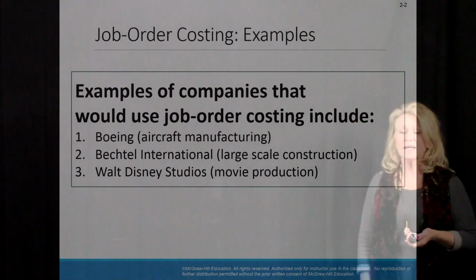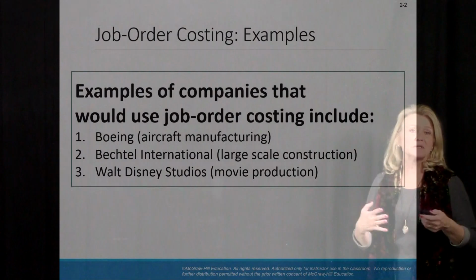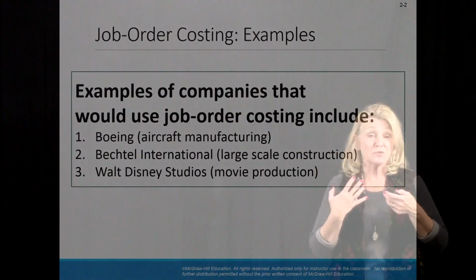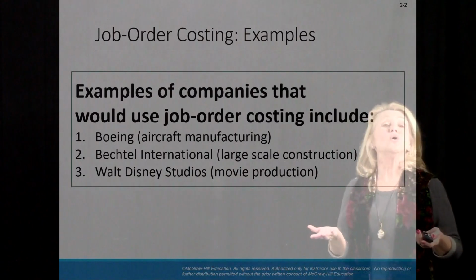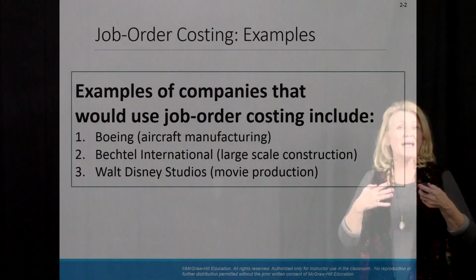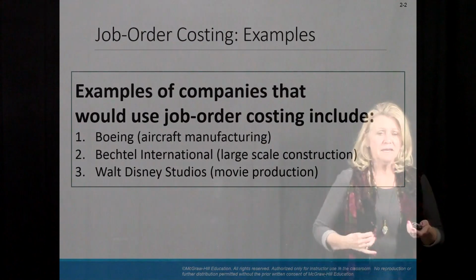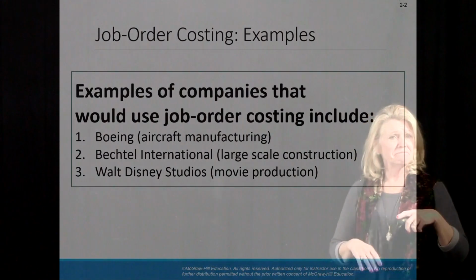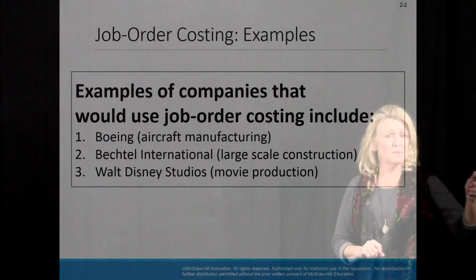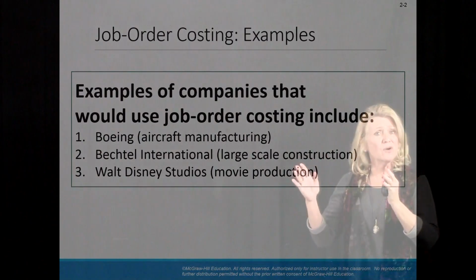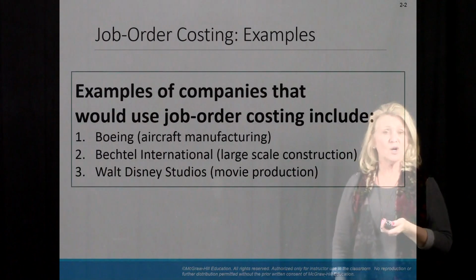Bechtel International builds large buildings and bridges, large-scale construction, so they know exactly what goes into every job that they do. And Walt Disney, movies: they know how much every movie costs. One movie may cost a whole lot more than another. Our ticket price at the movie theater is the same, but they know how much those movies cost them to make.